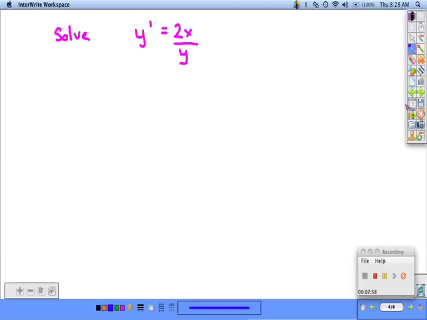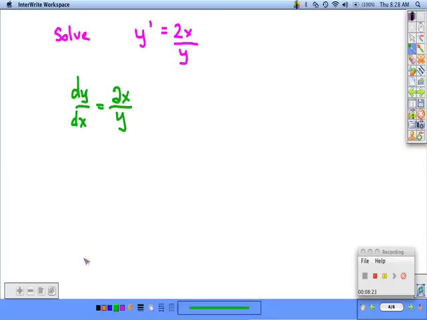Previously in the year, we looked at separable differential equations, where we have a function for the derivative that involves x and y. And we're going to review that today also. For these problems, y prime, remember, that's dy dx. This is equal to 2x over y.